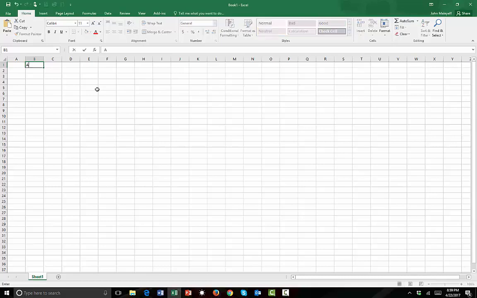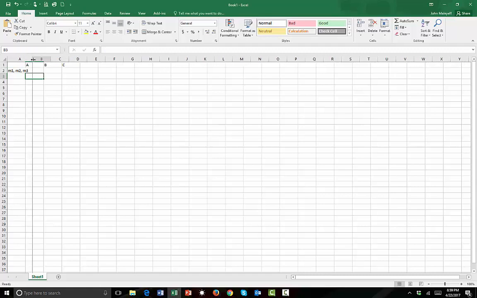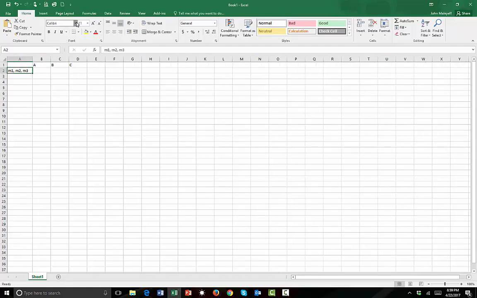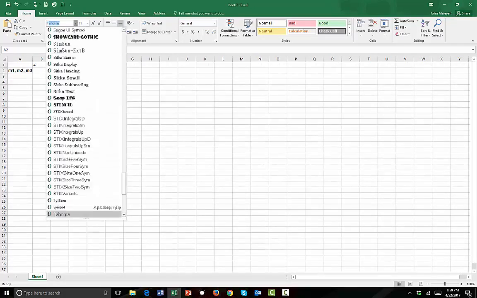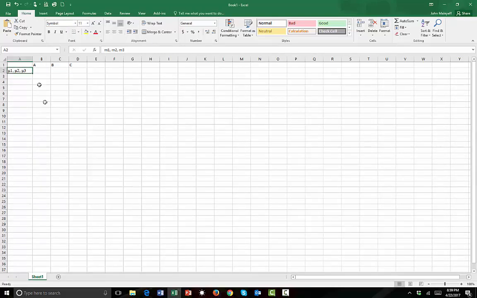So first we had the three departments A, B, and C, and I'm starting here with just the inputs. The main inputs were the weekly demand, and they were labeled as mu1, mu2, and mu3. I can use Greek letters here, and make the 1, the 2, and the 3 subscripts.